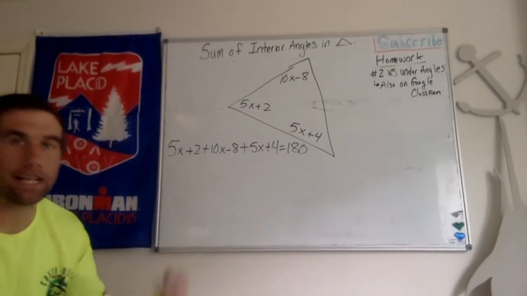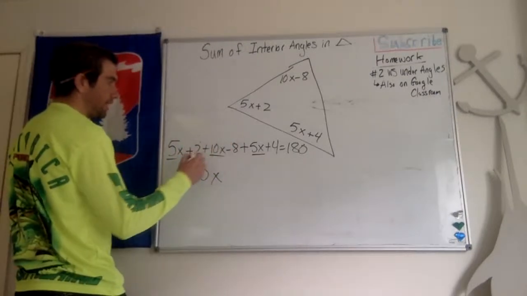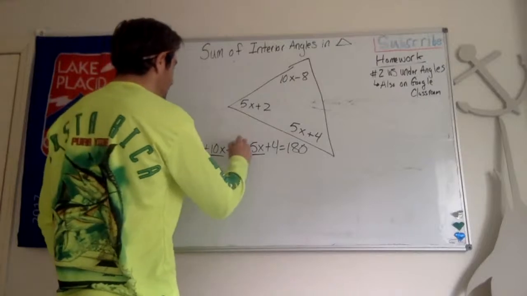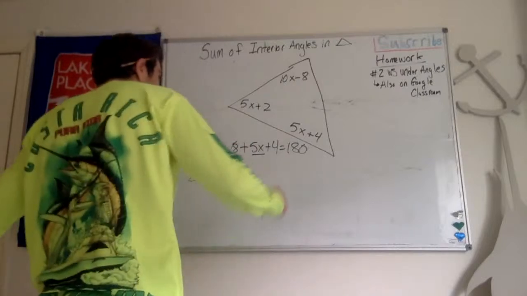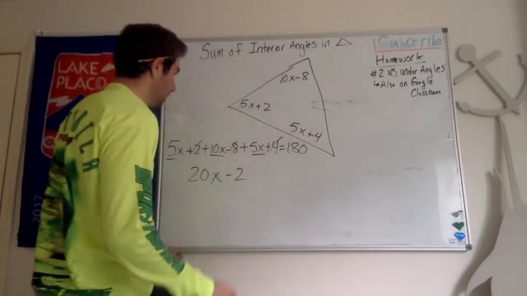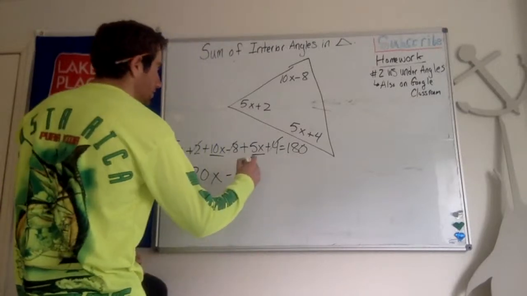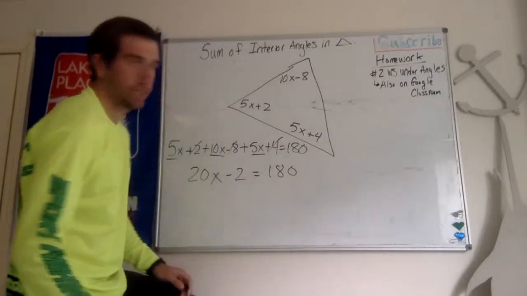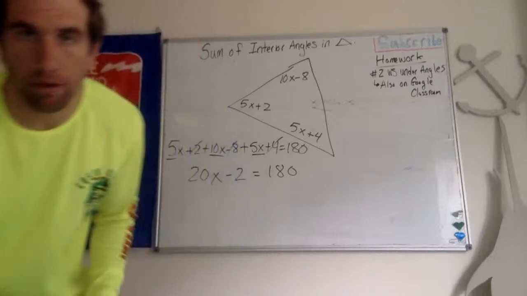Now combine like terms. I have 2 minus 8. Oh boy. 2 minus 8 is negative 6, plus 4 is minus 2. All right. So the constants come to negative 2, and 5x plus 10x plus 5x is 20x, so 20x minus 2 equals 180. This isn't going to work out well, but it's okay.